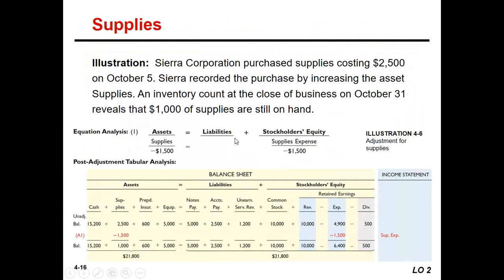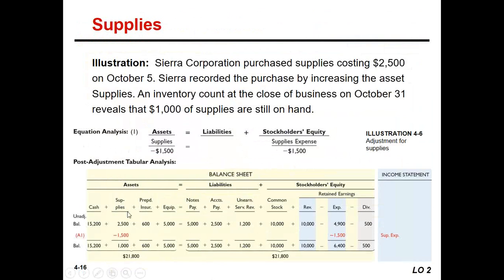Okay. Sierra Corp had purchased $2,500 of supplies back on October 5th. So now at the end of the month, we go count our supplies and we discover there's no longer $2,500 worth of supplies in the supply cupboard. There's only $1,000 still on hand.